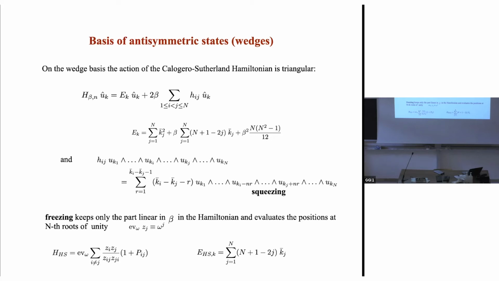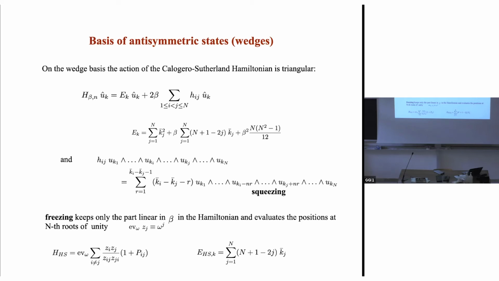This kind of action is called squeezing, and there are some coefficients. And you see that in fact the action of the Hamiltonian on these wedges depends only on the momenta k bar. Also, the energy depends only on the momenta k bar. So the action of the Hamiltonian is blind to the spin structure.